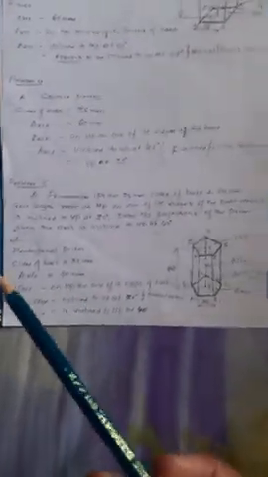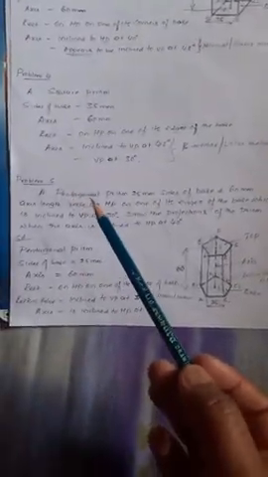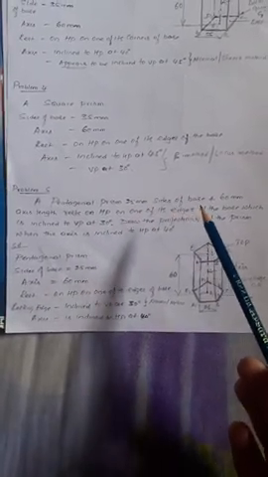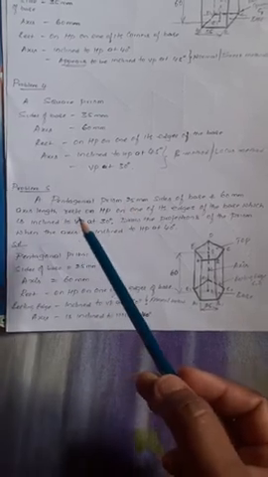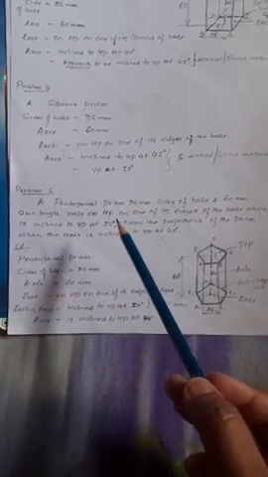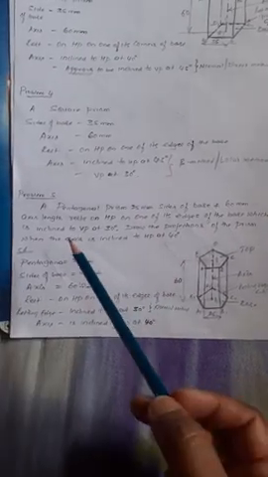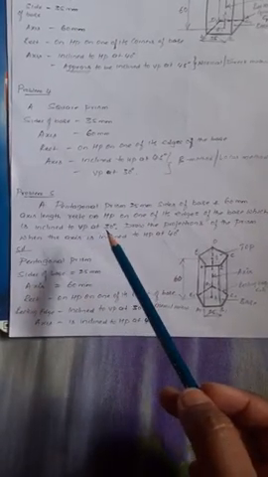Problem number 5. A pentagonal prism, 25 mm sides of base and 60 mm axis length, rests on HP on one of its edges of the base, which is inclined to VP at 30 degrees.